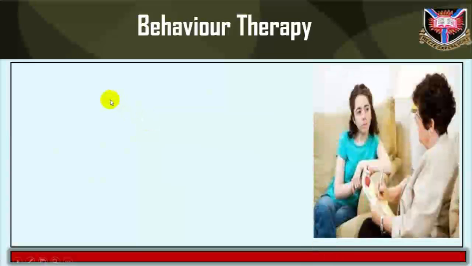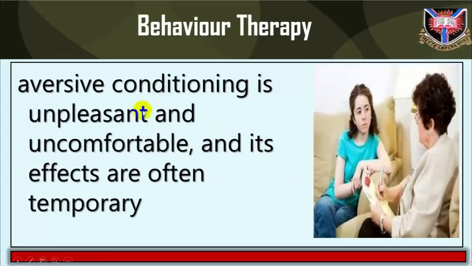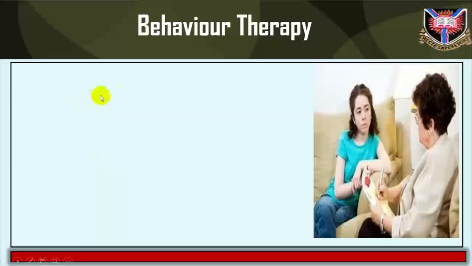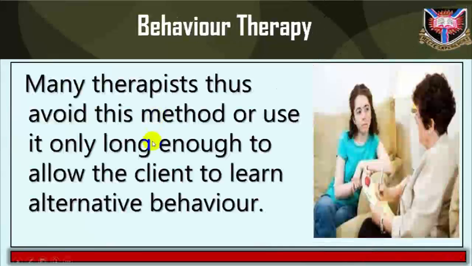Still, aversive conditioning is unpleasant and uncomfortable. Its effects are often temporary. Many therapists thus avoid this method or use it only long enough to allow the client to learn alternative behavior.